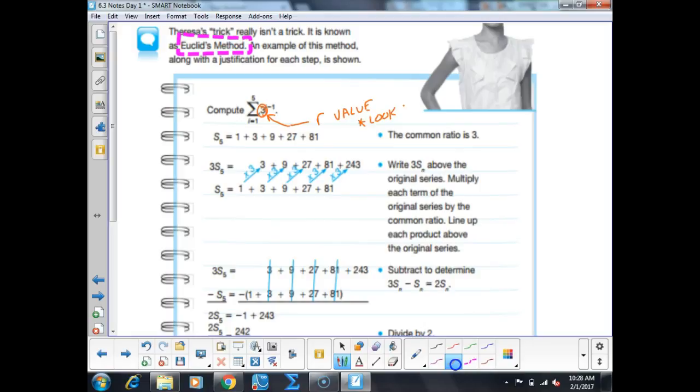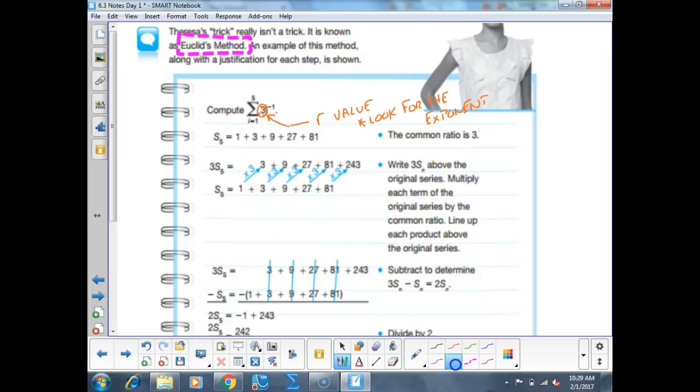In your rule, you need to look for the exponent. It's the base of the term that has the exponent on it. That's your R value. To find your first term, you still take the lower bound, plug it into your rule.